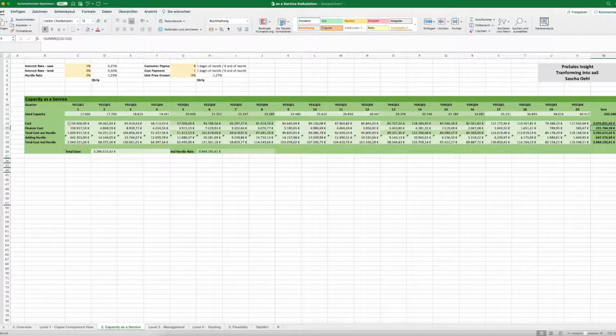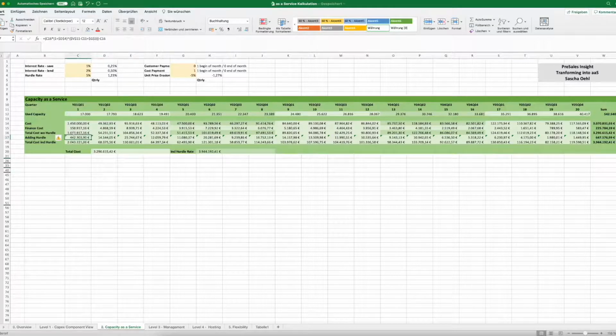Adding it up, the cost that we are carrying plus the finance cost gives us a cost impact for each quarter. Now we said we don't want to do this project just for fun. So we have a hurdle rate or a minimum margin that we have to generate. In our case, we defined it with 5%. This is what we're adding up here.